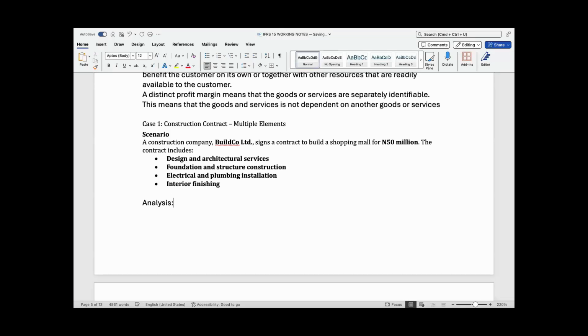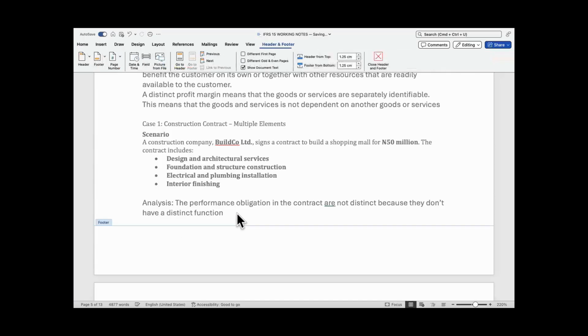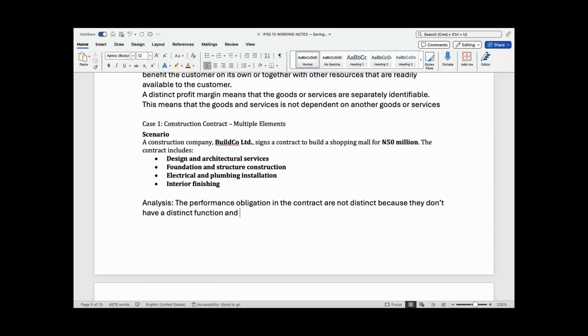So if I want to analyze this, I would say that the performance obligations in the contract are not distinct, because they don't have a distinct function and a distinct profit margin.